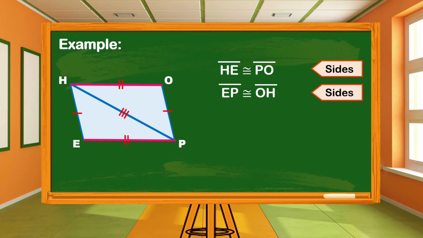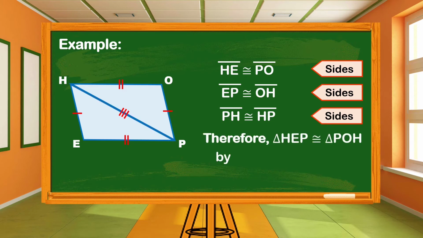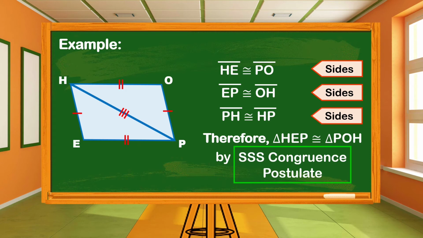Next, by applying the reflexive property of congruence, we can say that line segment PH is congruent to line segment HP. Therefore, triangle HEP is congruent to triangle POH by SSS congruence postulate.